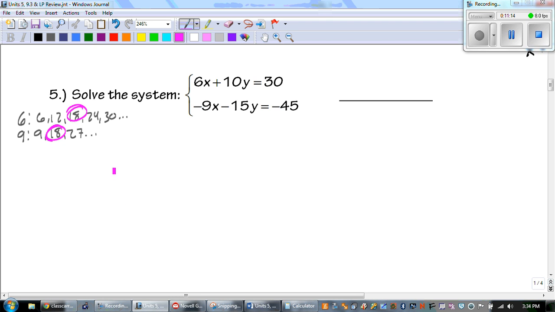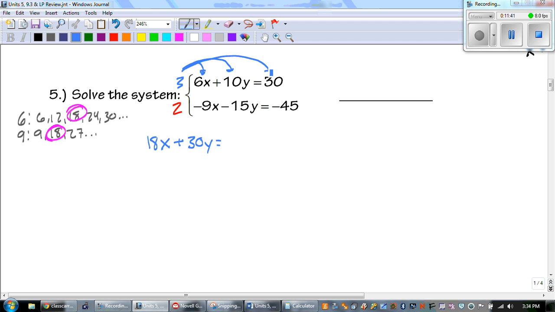Okay. So now I know that I can multiply the top by 3 and the bottom by 2. And the nice thing is they're already opposites, so we don't have to worry about negatives. Okay, 3 times 6 is 18x. 3 times 10 is 30y.